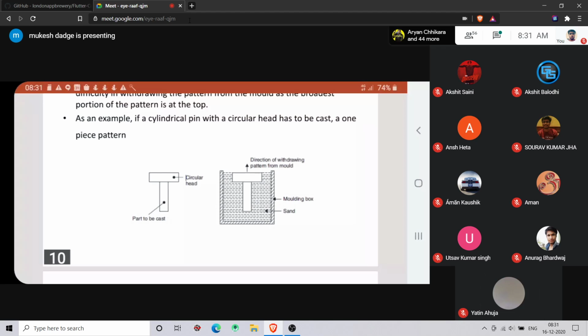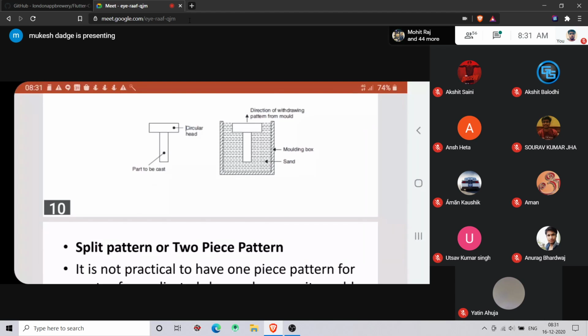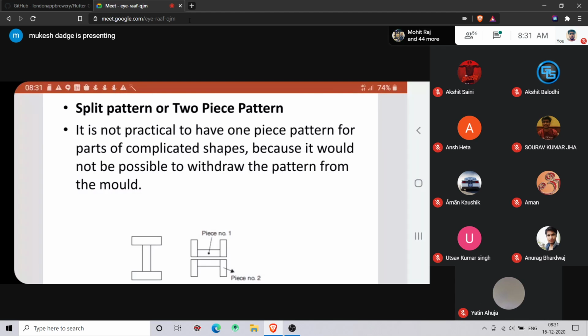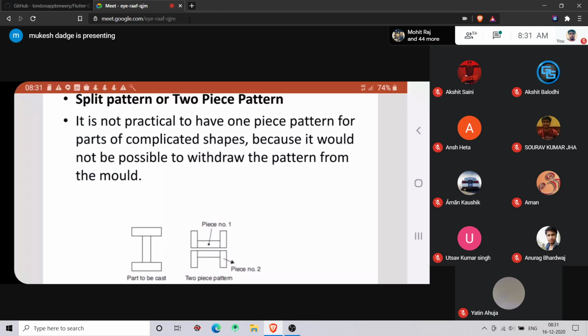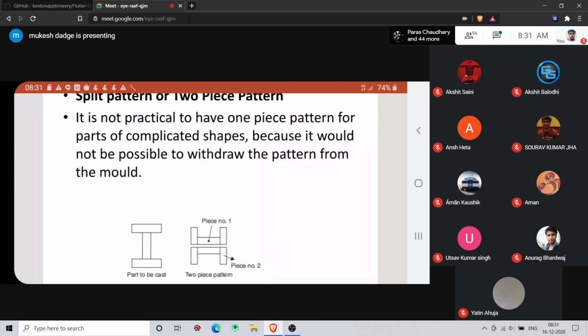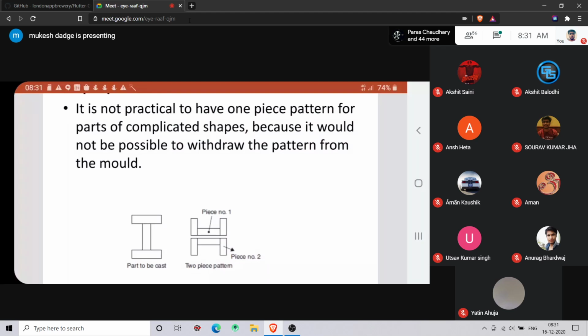Now we'll see the two-piece pattern. So what is in a two-piece pattern? The pattern is made in two pieces, piece 1 and piece 2.